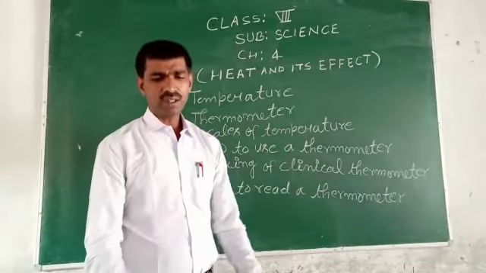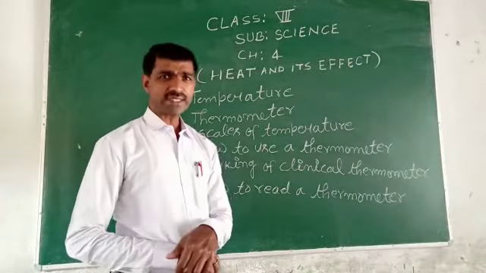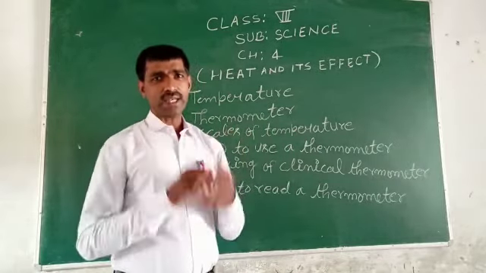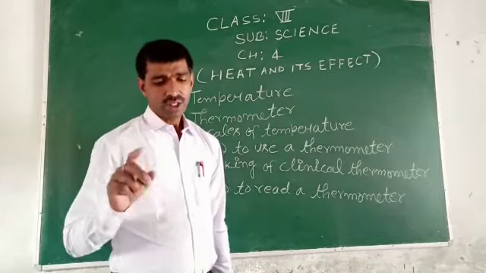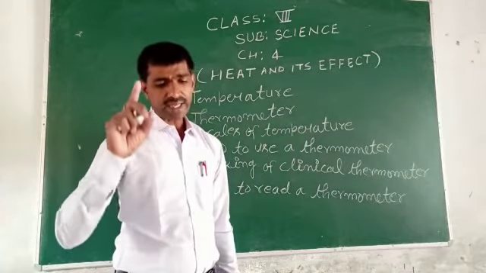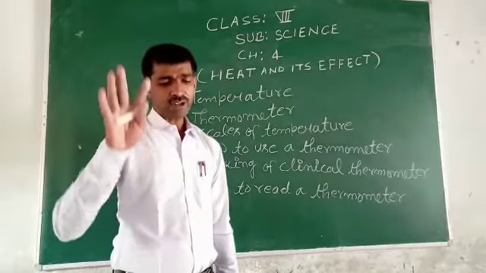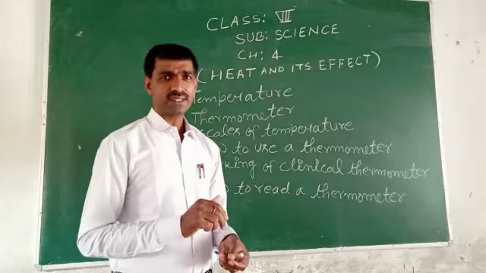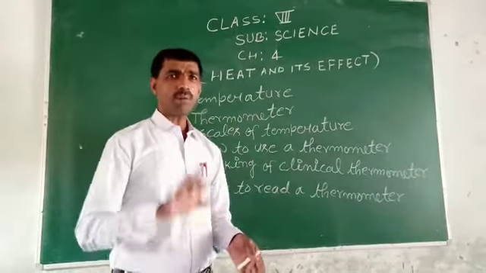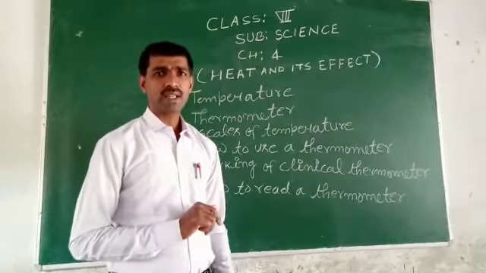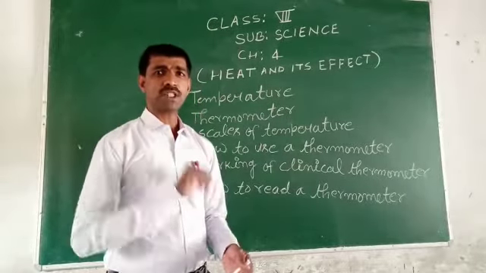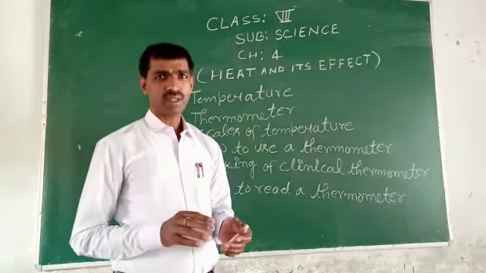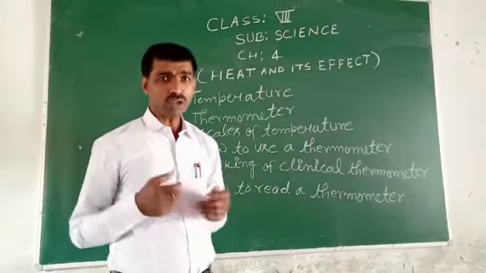Let us take an example to understand this. We can judge that a person has fever by placing our hand on the person's forehead. If we place our palm on the forehead of a person, we can feel whether the forehead is warm, normal or very cool.